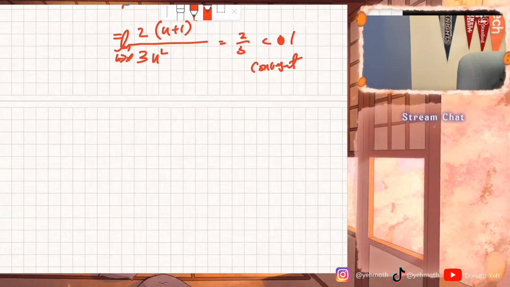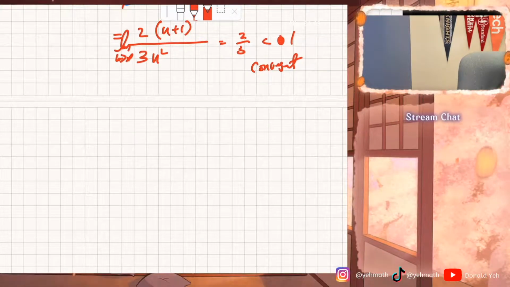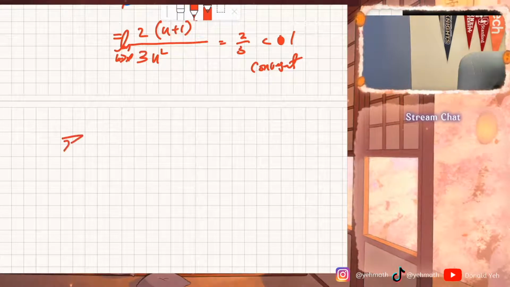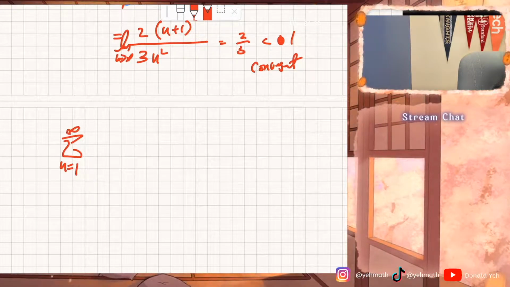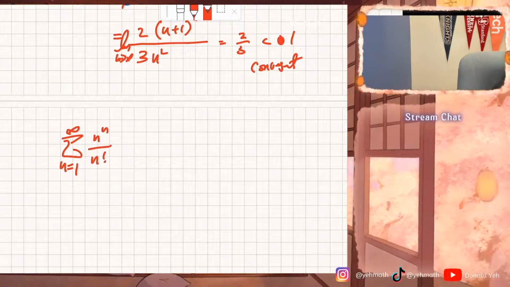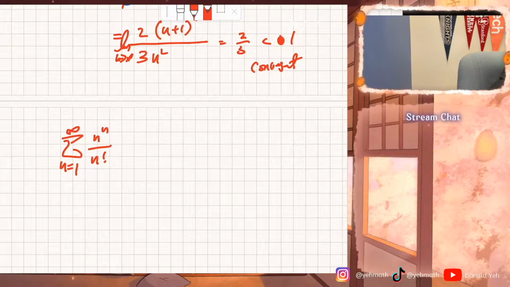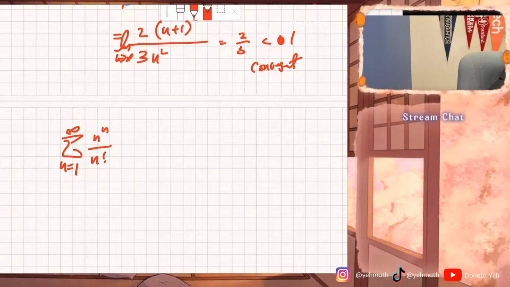This one is kind of hard. This one is a summation, and we're going to talk about it. The intuition is correct that he says it's going to be divergent, because he says it's going to go to infinity.